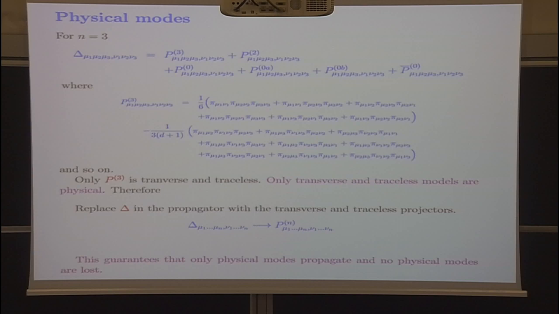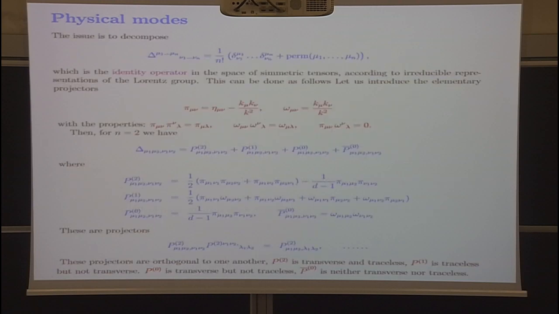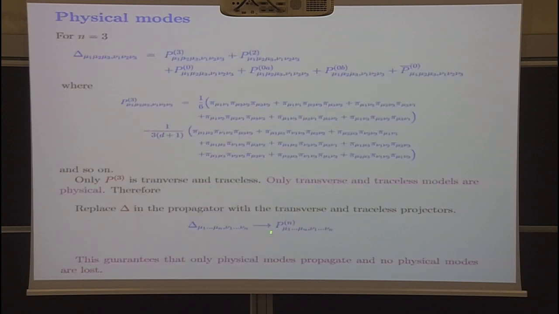So the idea is that what you can do is use the fact that these projectors are orthogonal and replace delta with this projector. And so you make sure that only physical modes propagate and that no physical modes are left out.